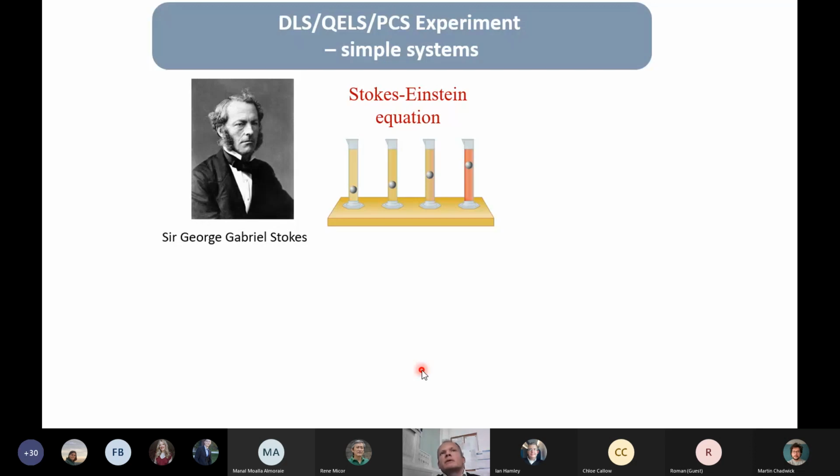But we definitely would like to know something else, right? Probably the size of our species, what kind of object we're dealing with. And the first answer to this question was given by Sir George Gabriel Stokes, who was making experiments with microscopic spheres that were falling down through some oils.